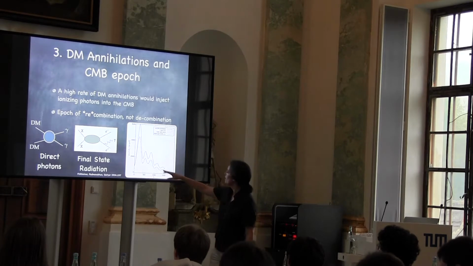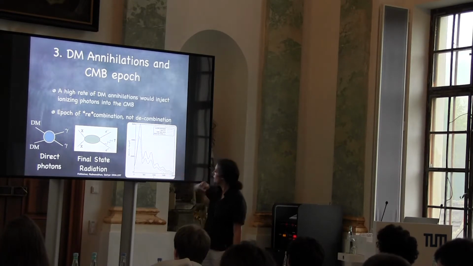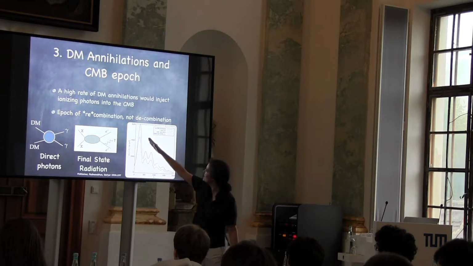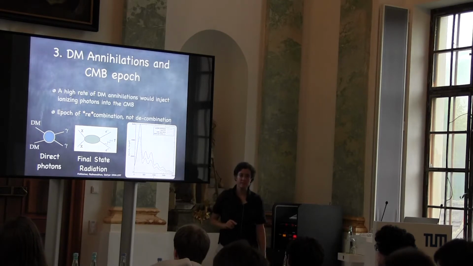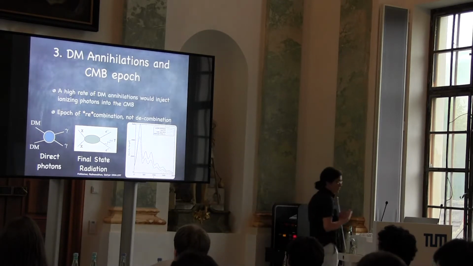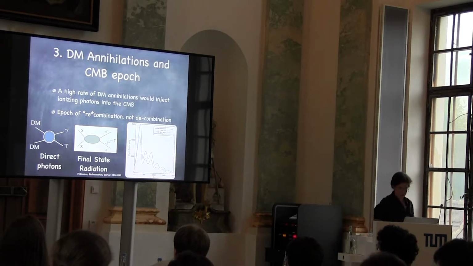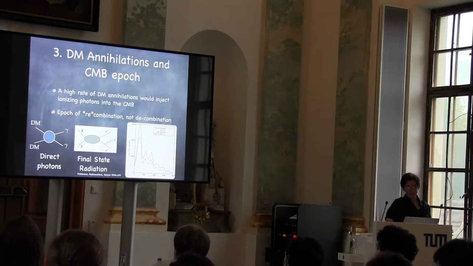And they showed that, similarly to what can happen if the dark matter has a millicharge, well, the spectrum looks quite different, but you can get a damping in the peaks of the spectrum if you produce any additional radiation. So why is this particularly important for dark matter and hidden sectors?